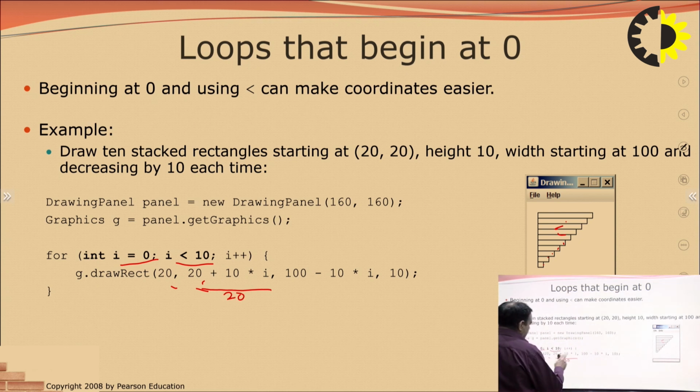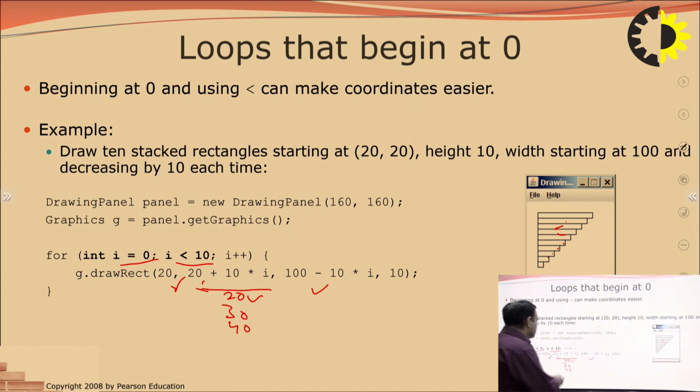Then for i value 1, 10 plus 20 is 30, then for 2, 20 plus 20 is 40. The coordinate is 20, 20, and 90, 90, 90 times i, so the parameter is changed.